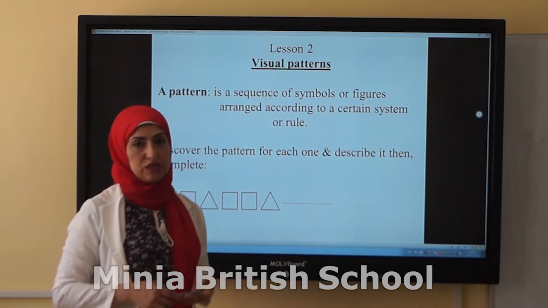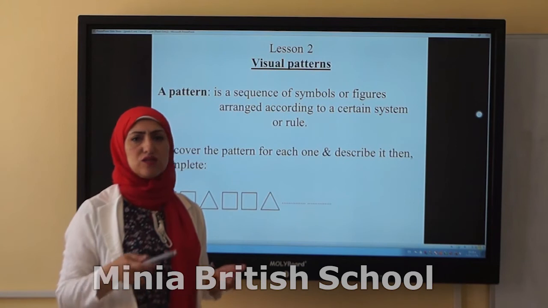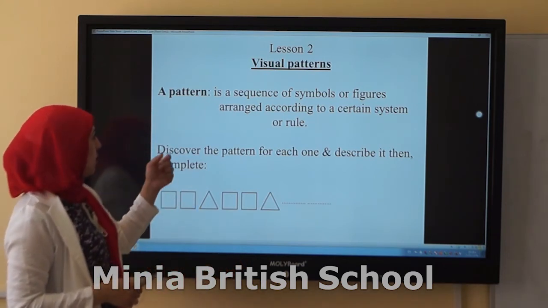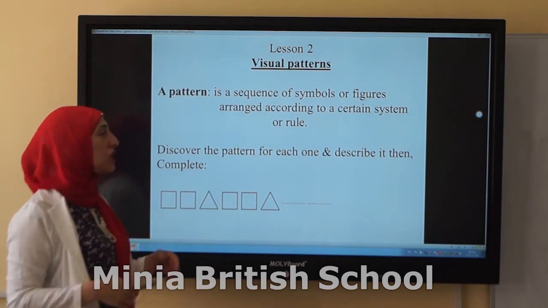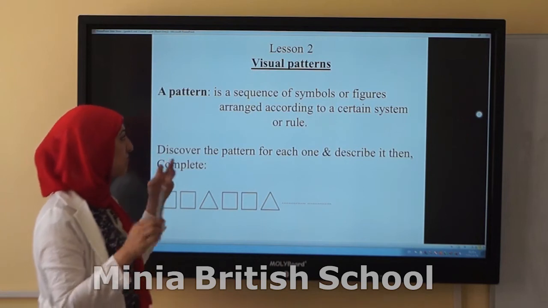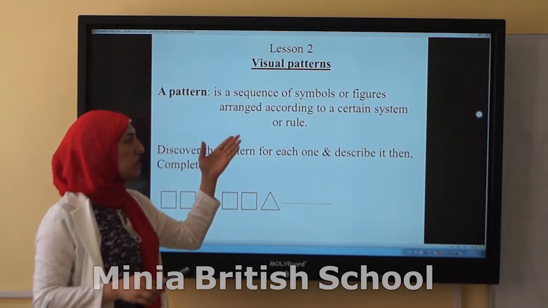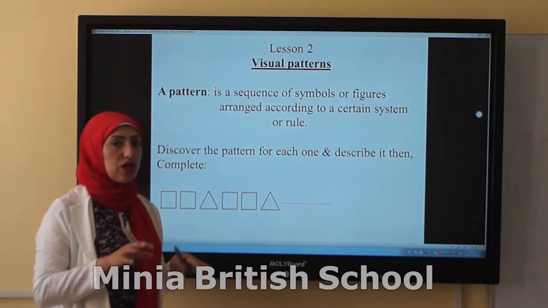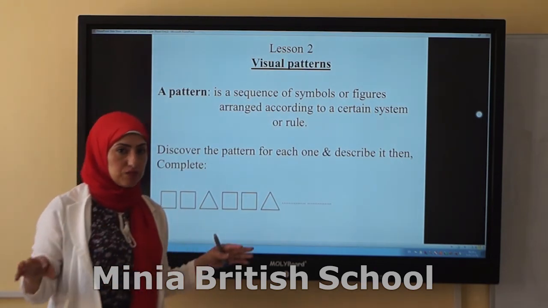This is not a new lesson because we had it in grade 5 and 4. But here we will revise: the pattern is a sequence of symbols or figures arranged according to a certain system or rule.